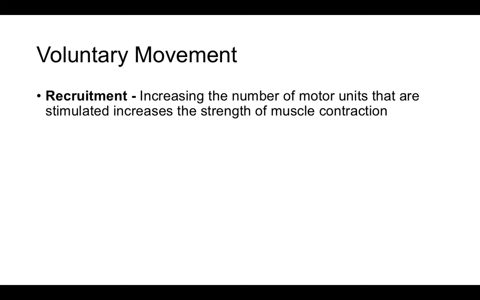Think about it. The more weight put on a muscle, the more asked of the muscle, the more your brain says to your muscle, oh crap, I'm going to need more muscle cells to lift this weight up. Let's get it all together. That's what we call recruitment.